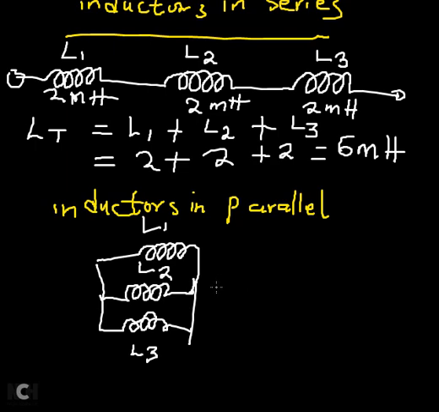Their total inductance is going to be in the form of reciprocals. So 1 over LT is equal to 1 over L1 plus 1 over L2 plus 1 over L3.